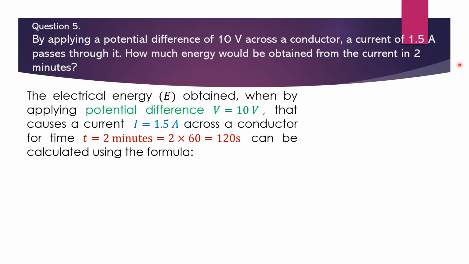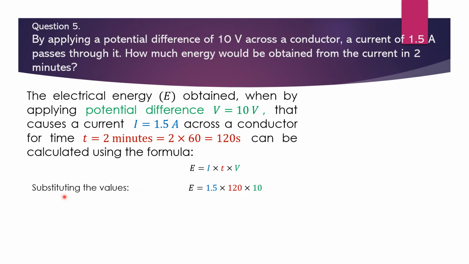The electrical energy E obtained by applying potential difference V equal to 10 volt that causes a current I equal to 1.5 ampere across a conductor for time equal to 2 minutes, that is 2 times 60 is equal to 120 seconds, can be calculated using the formula E, electric energy, is equal to I times T times V.